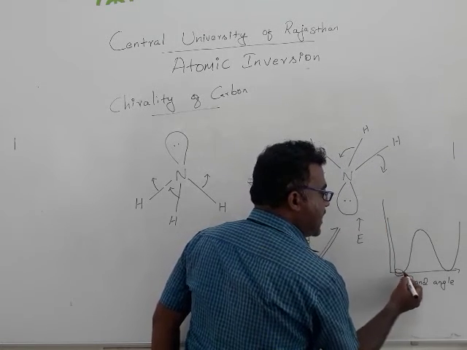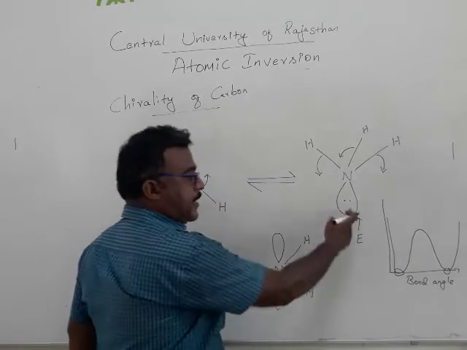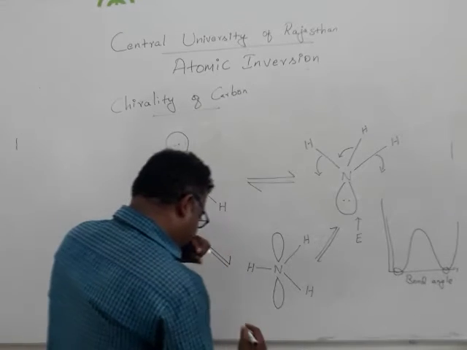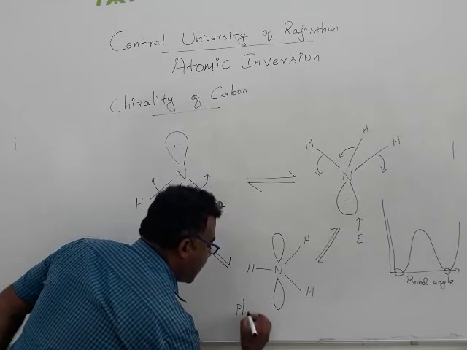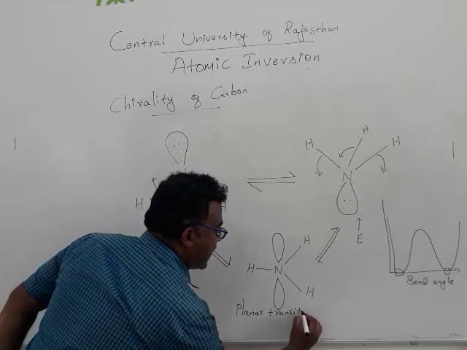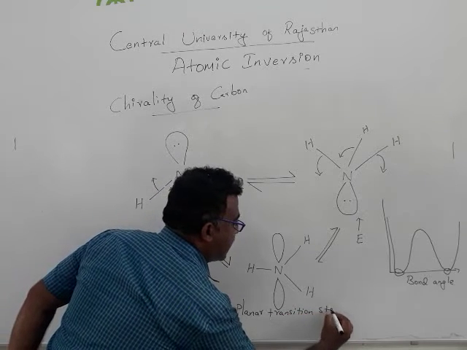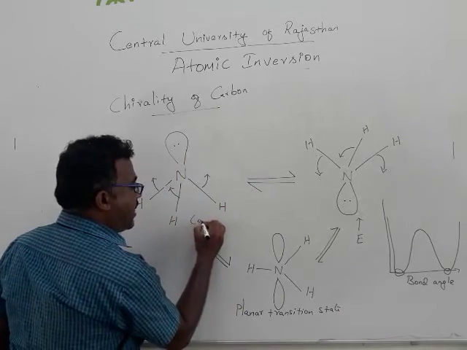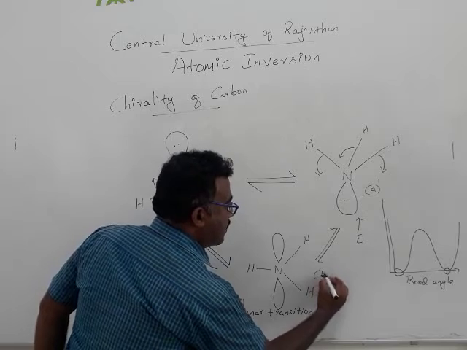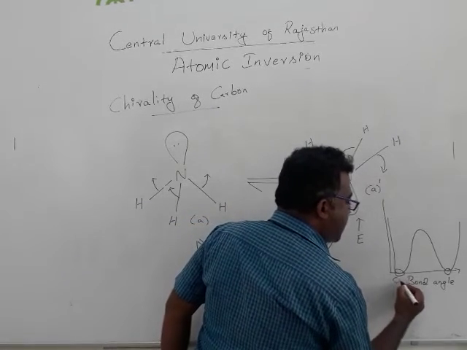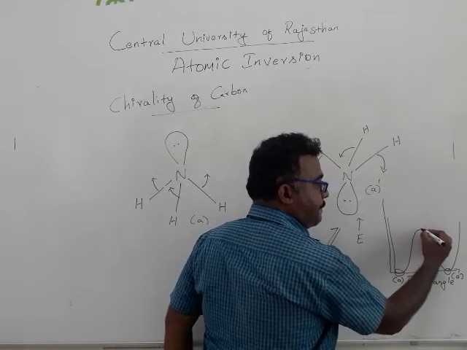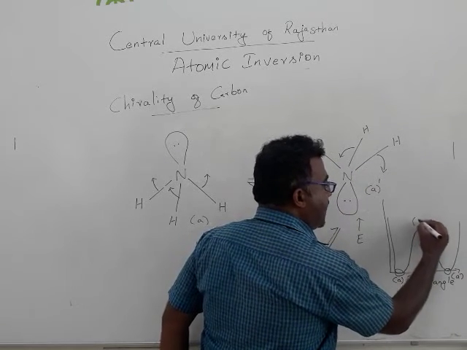The lowest minima is due to two different forms, and the highest one is due to the planar transition state. That is an intermediate. It is A, this one is A prime, and this one is B. So the lowest two minima are due to A and A prime, and the highest one, the bump, is due to B.